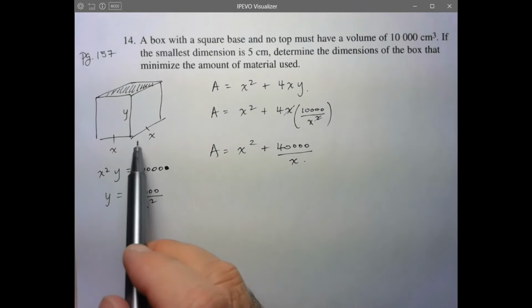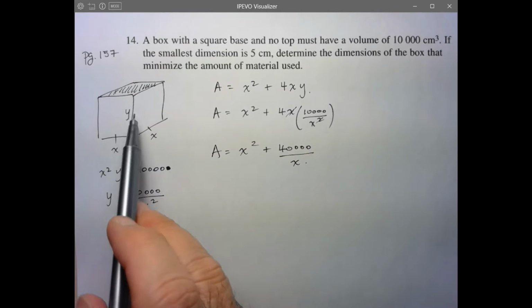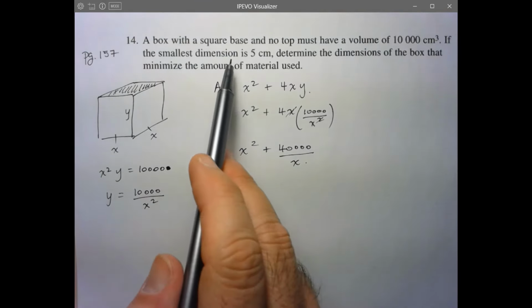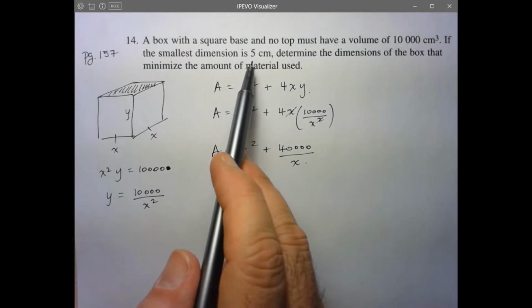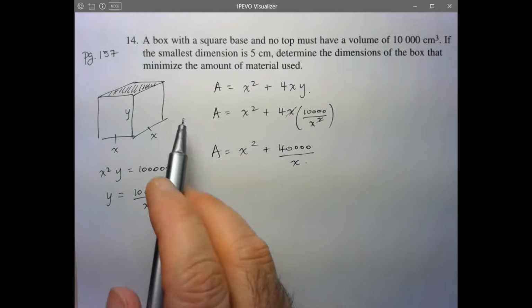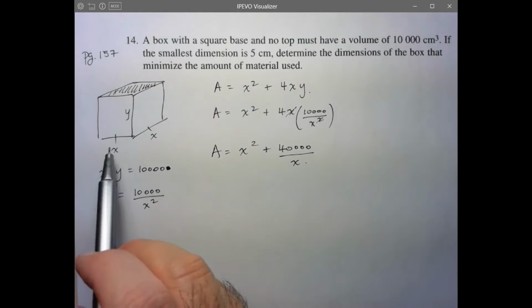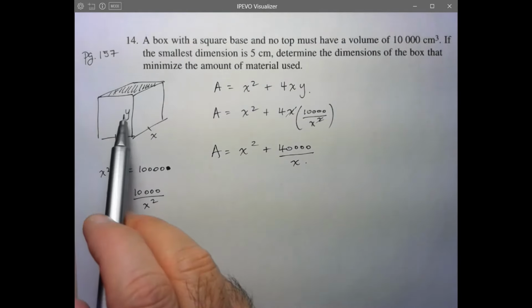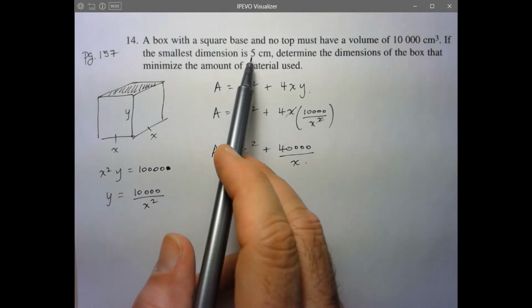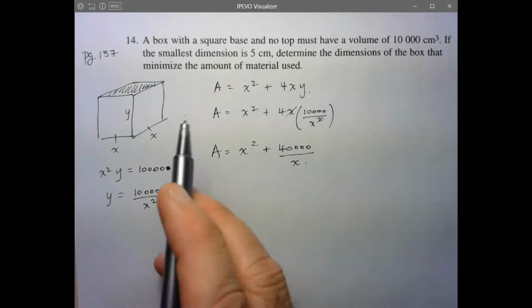The problem is that as the X gets larger, the Y gets smaller. And remember what it said: the smallest dimension has to be at least 5 centimeters. So I think what I should do is calculate what the X value is when the Y value is at its smallest possible value, which is 5, because the smaller Y is, the bigger X is.